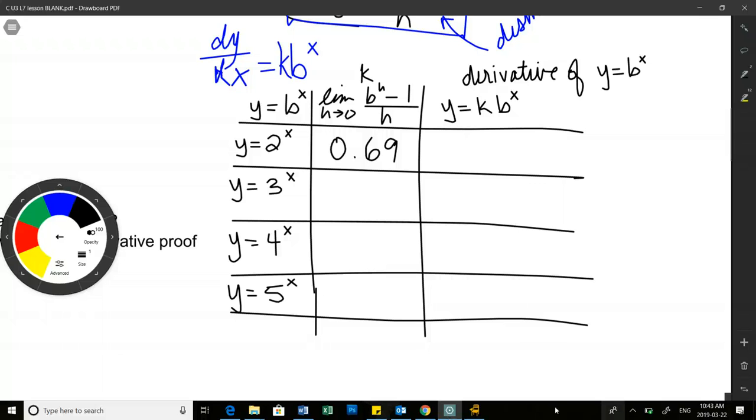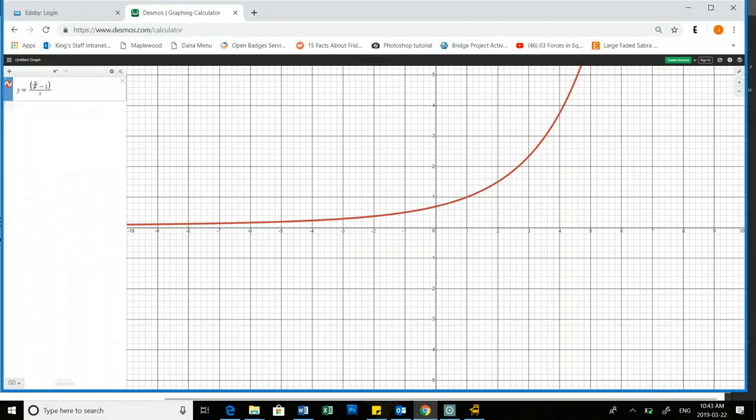Okay, now I'm going to sub in 3 here, and we're going to look at what that approaches as we go towards 0. You'll notice that it's changing because they're different functions. As we get towards 0 here, it's like 1.105-ish, 1.087 is that one. That's a pretty good one.